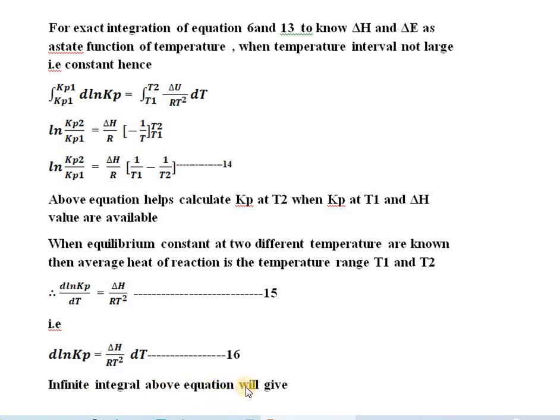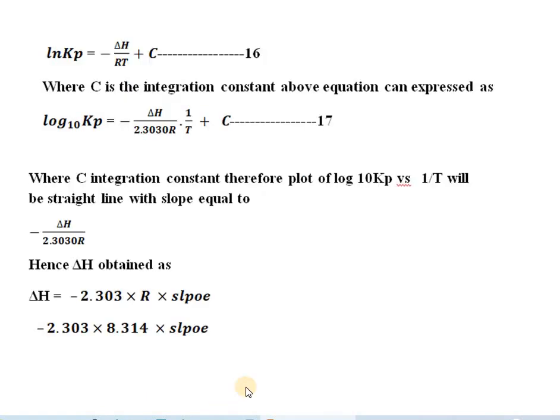Integrating this equation, we get ln Kp is equal to minus delta H by RT plus C, where capital C is the integration constant, and therefore this equation can be expressed as log to the base 10 Kp is equal to minus delta H by 2.303 R into 1 by T plus C.